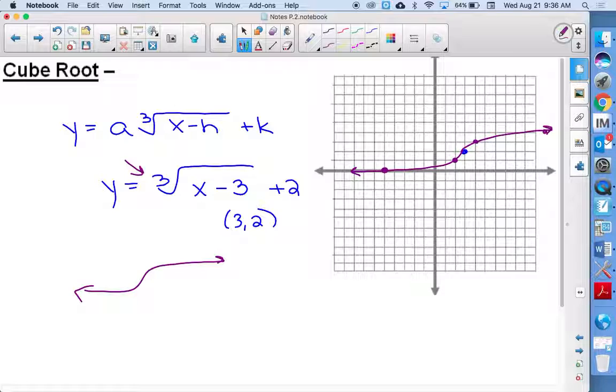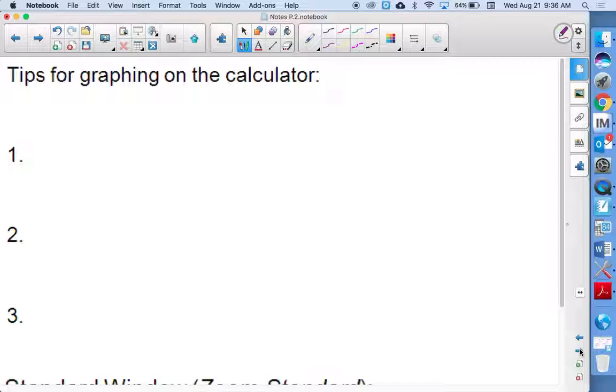I think there's just one other thing down there, just tips for graphing with the calculator. When you're graphing on the calculator, you want to get it into y equals form. So any equation when you're graphing on the calculator has to be in y equals.